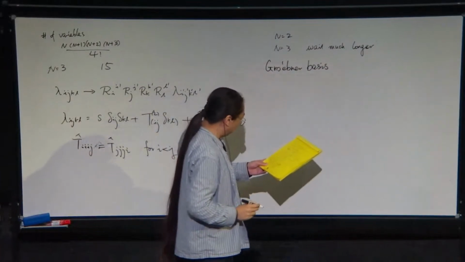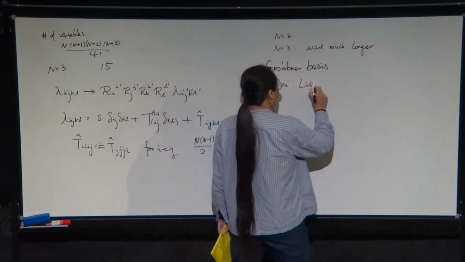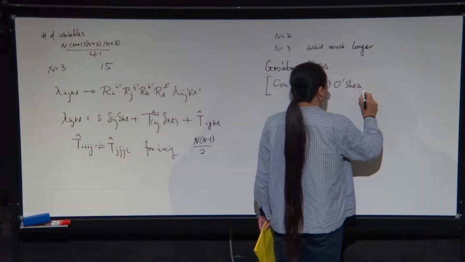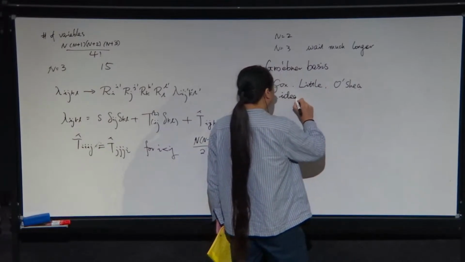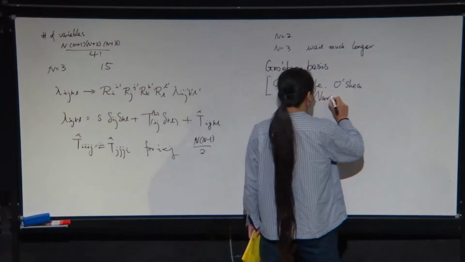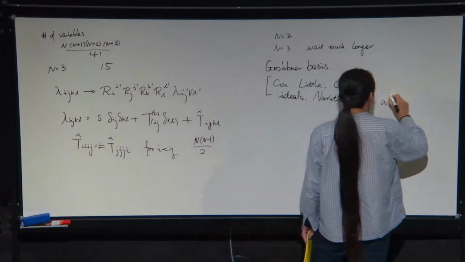And I should say that there's a very good book by Cox, Little, and O'Shea, which is called Ideals, Varieties, and Algorithms.